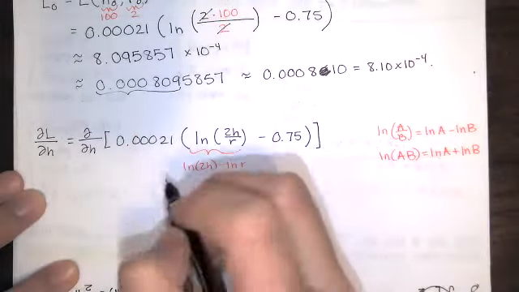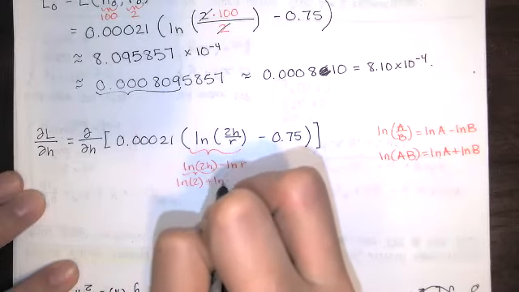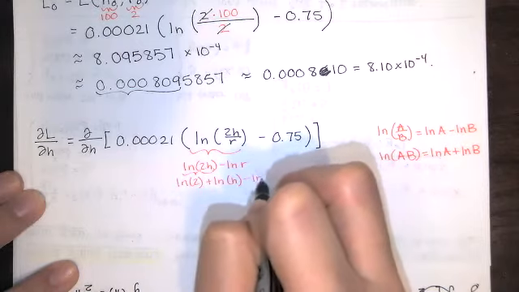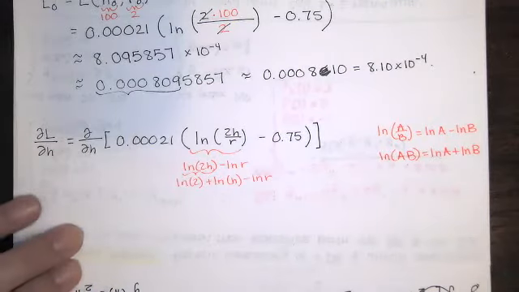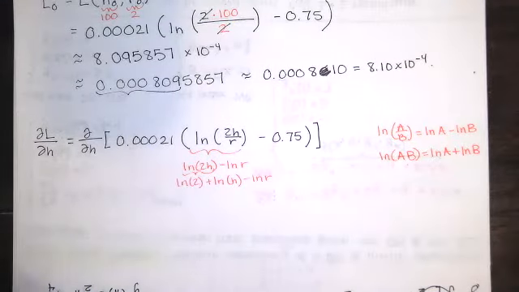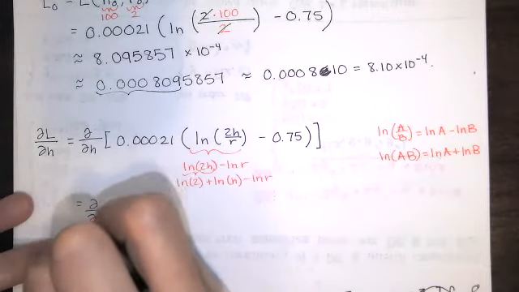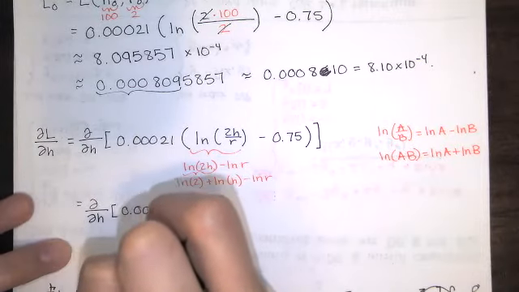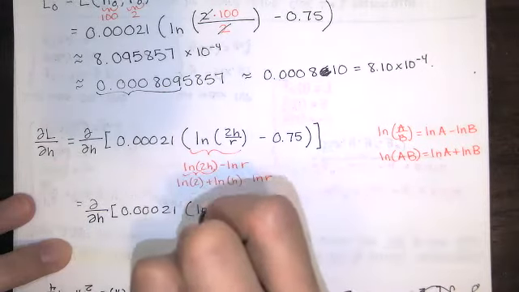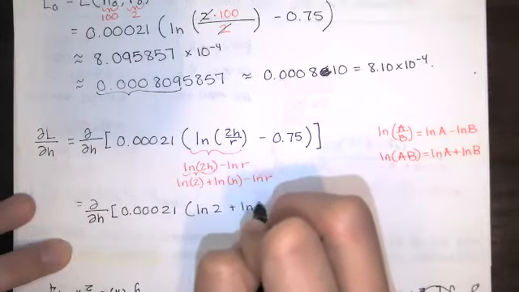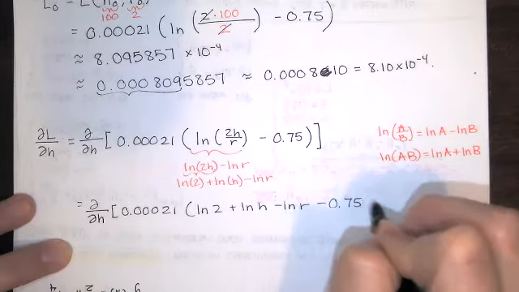And natural log of 2 times h is natural log of the first factor plus natural log of the second factor. And all of that is in parentheses here. So that's going to make this really easy when we compute the partial with respect to h, and when we compute the partial with respect to r.